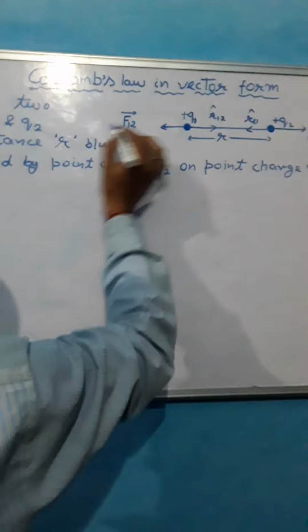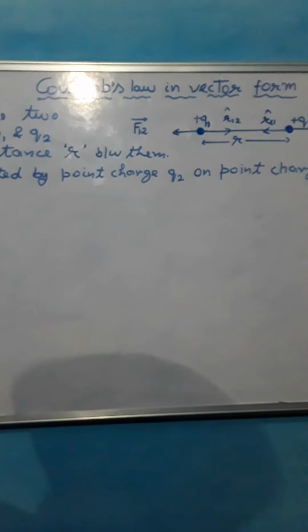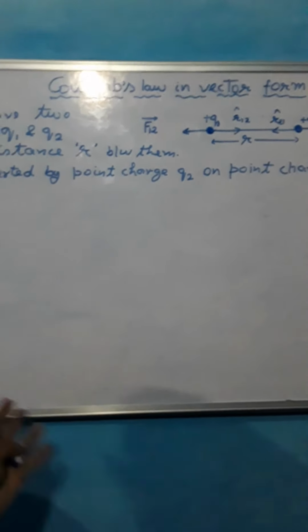The direction of force, you see, is away. It means there is a force of repulsion. It means that charge Q2 is going to repel charge Q1.